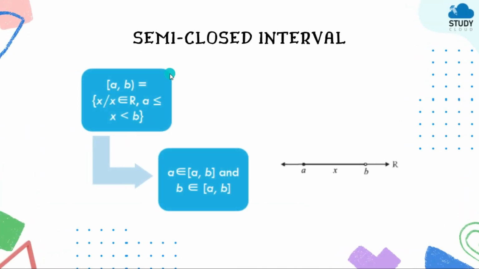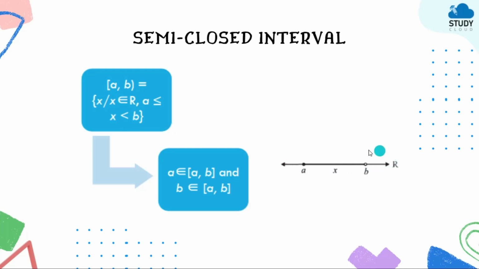Now there is semi-closed interval. Now here [A, B) is equal to, X will be an element of R. A will be less than or equal to X and X will be less than B. So here A will come as the equal sign is given to you, but B will not come.